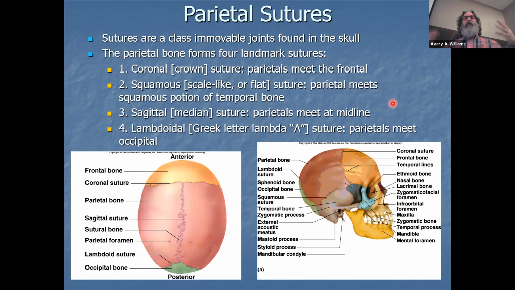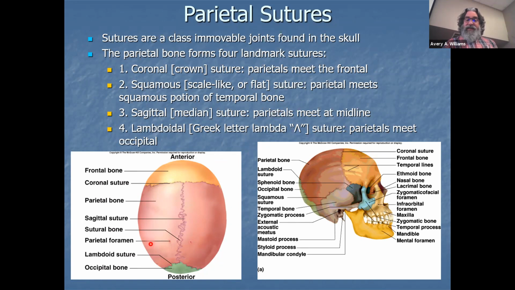A capital lambda looks like a capital A without the cross piece, or an upside down V. There's your lambda.